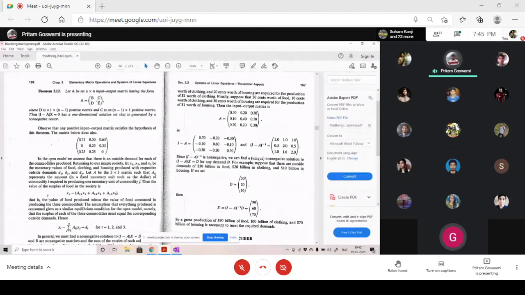Eigenvalues are also left, then the characteristic equation. Cramer's rule is there. Did you teach the Cayley-Hamilton theorem? No, I haven't. That will be after the characteristic equation. Yes, sir, it is also left.